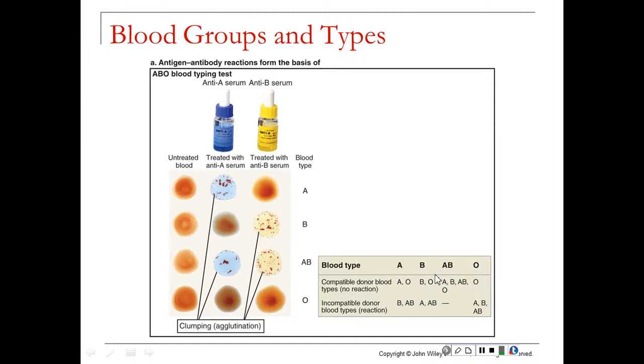People that are blood type B can receive blood from other B's or O's, but they cannot receive blood from A's or AB's. People that are AB can receive blood from A's, B's, and O's. They're called the universal recipient. Whereas people that are blood type O, as I showed you, can only receive from other people that have blood type O.